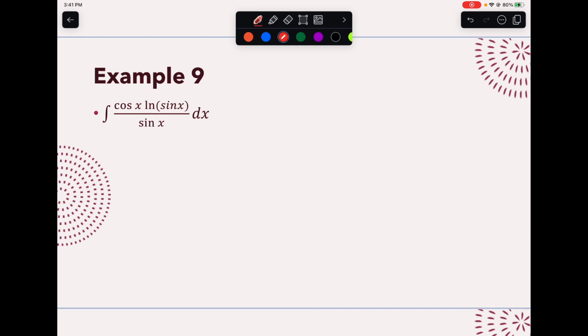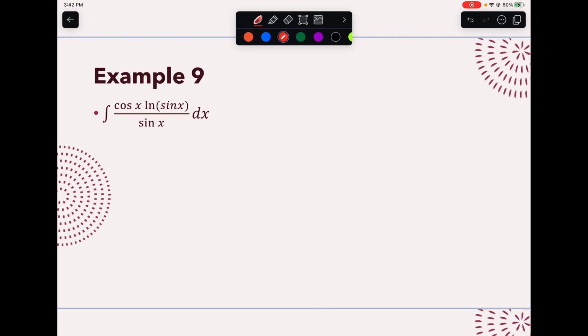Okay, so how about this? We have cosine x, ln of sine x, over sine x. This is a ratio, so it might be possible to use logarithm, or it would be possible to use power rule.